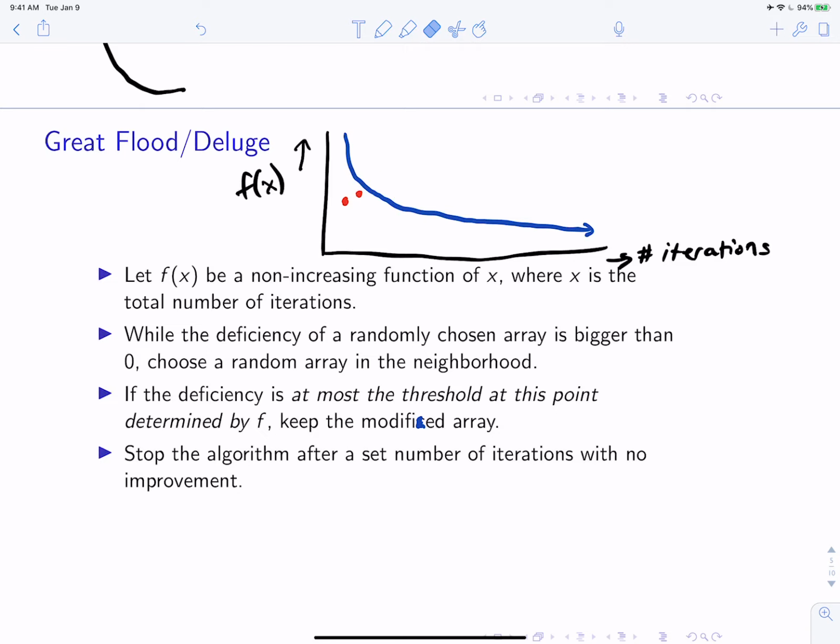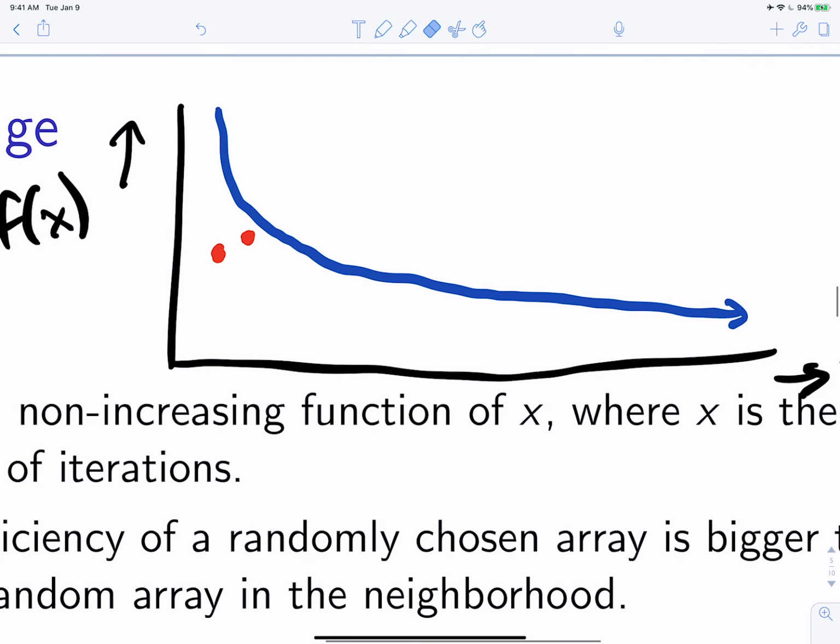So it may be that in this plot right here, we do want to accept an array that goes over the line, maybe just for a little bit, but then ducks under the line after that. So maybe if we had accepted that change, we could have an array that goes down to 0 like this. But if we didn't accept that change, then it would be much harder. So it's absolutist in the fact that if you're strictly under the line, we keep it. If we're strictly over the line, we don't keep it.